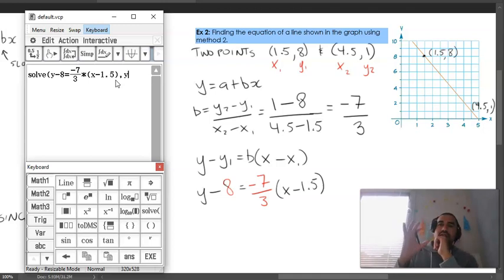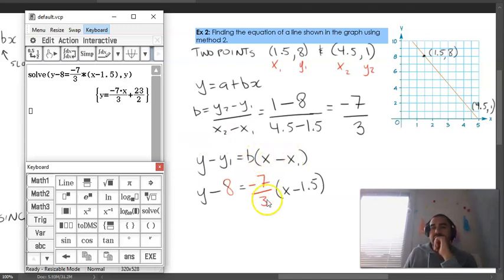If we put comma x, it's going to show x is equal to something. We don't want that format. We want it in the format of y equals. Execute that, and you will get this form here.